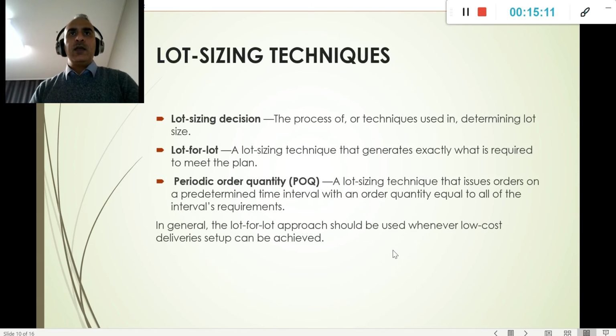Okay. So we have the lot sizing. In lot sizing, we're talking about how big the lot size is in terms of the material that we're going to be using. For this one, we have lot for lot, which is a technique where, rather than ordering more, we just get what is required. We don't have any additional or extras. And then we also have the periodic order quantity.